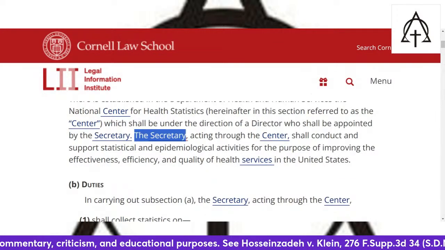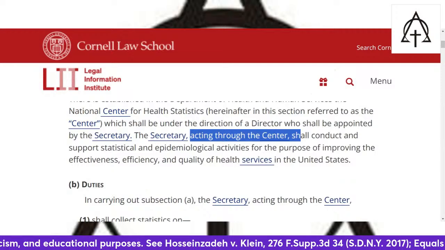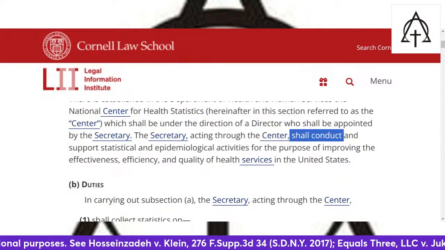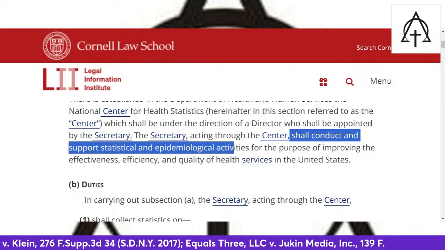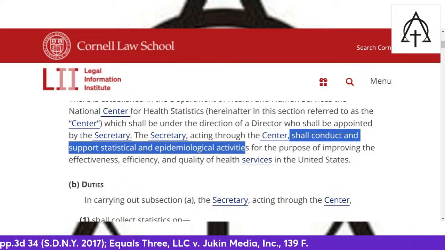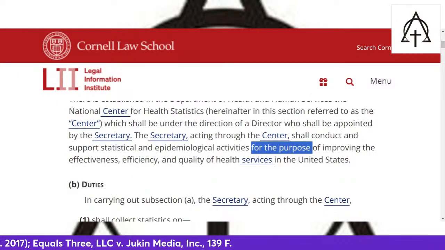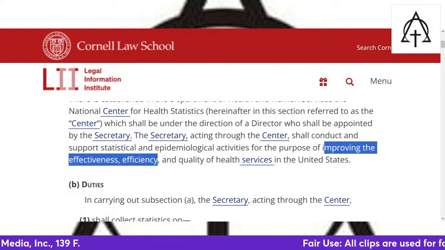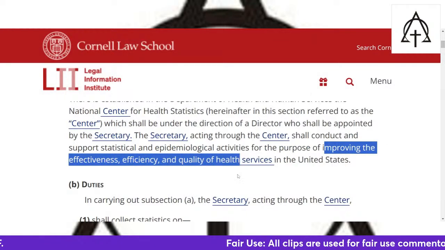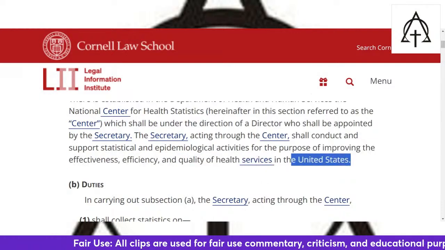The Secretary, acting through the Center, shall conduct and support statistical and epidemiological activities for the purpose of improving the effectiveness, efficiency, and quality of health services in the United States.